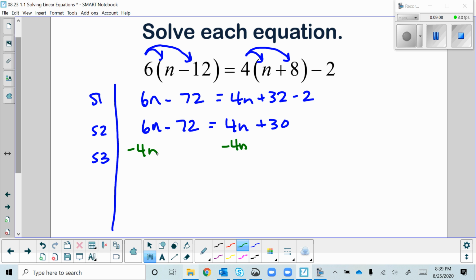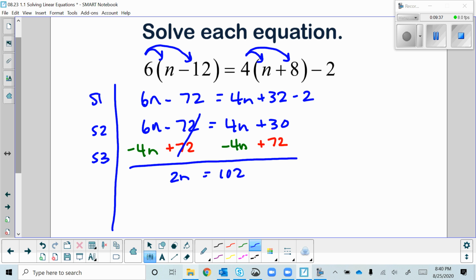And so if I move the n's to the left, I need to take the constant on the left, which is -72, and move it to the right by doing the opposite. And that will lead me to n on the left because the 72's cancel. And 102 on the right because the 4n's cancel.